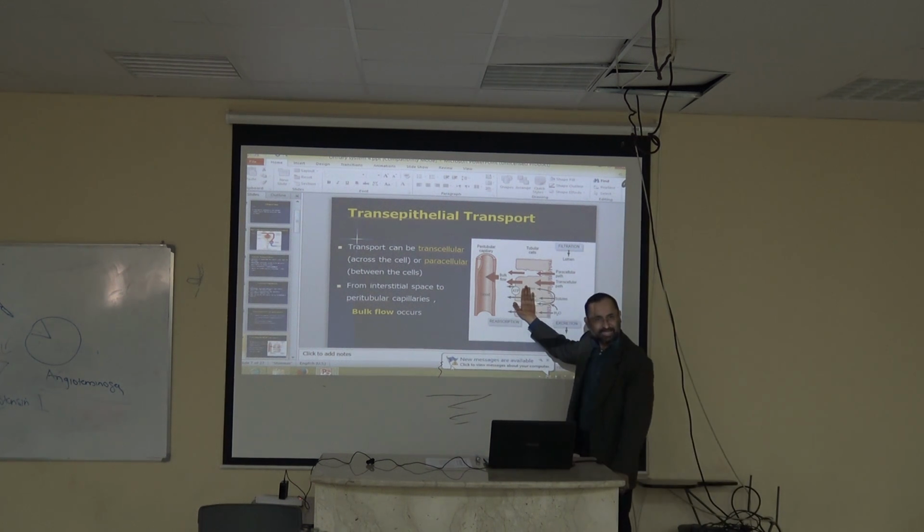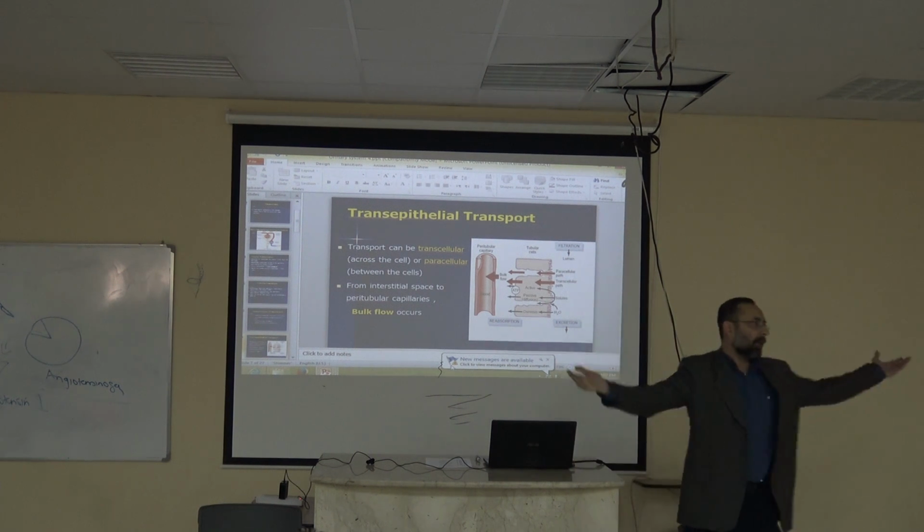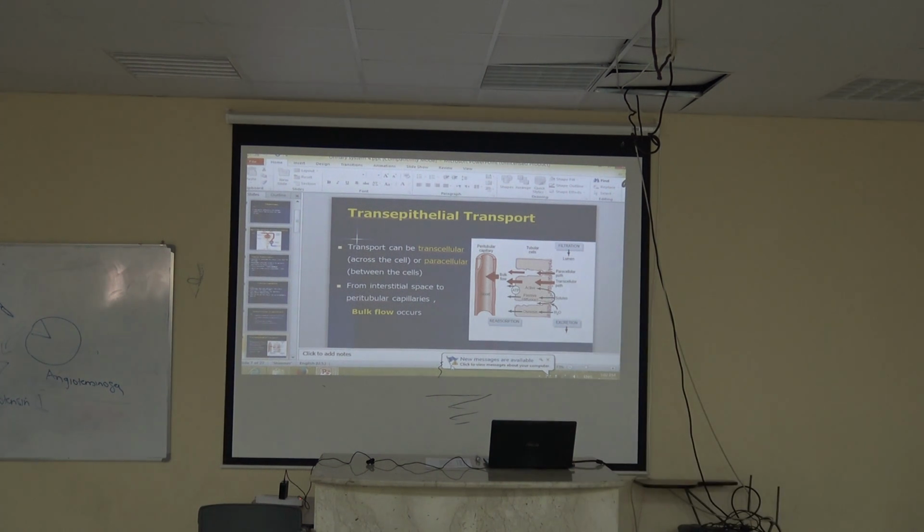You are entering into the cell, you leave the other side of the cell and you are in the interstitium and in the blood. This is transcellular, you are crossing the cell. It is like something coming in from this wall of the room, passing through and leaving by the other wall, and outside there is a blood vessel.